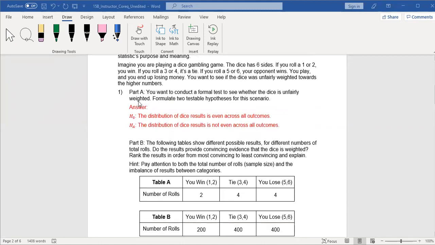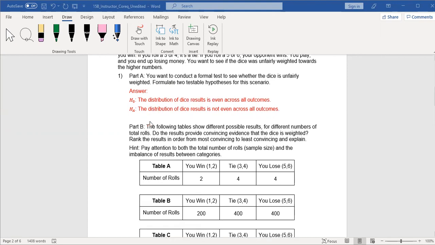Part A. You want to conduct a formal test to see whether a dice is unfairly weighted. Formulate 2 testable hypotheses for the scenario. As usual, there are 2 of them, the null and the alternative.